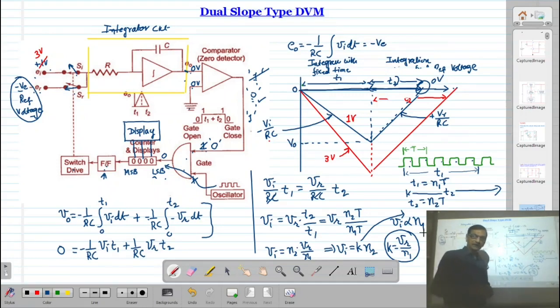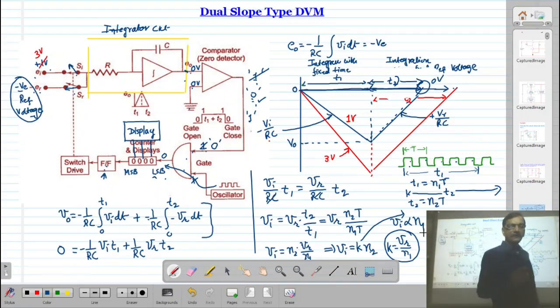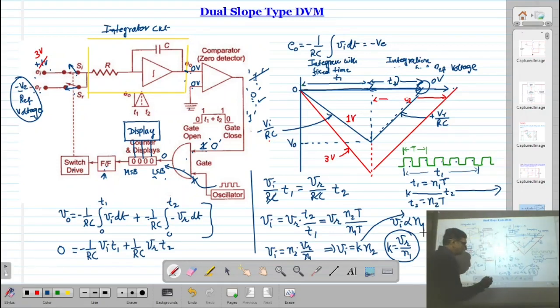So in this way, the dual slope DVM works with the integrated circuit. The main advantage of this DVM is that it measures voltage more accurately. Why? Because N2, the number of clock pulses, will be equal to Vi by K, correct?